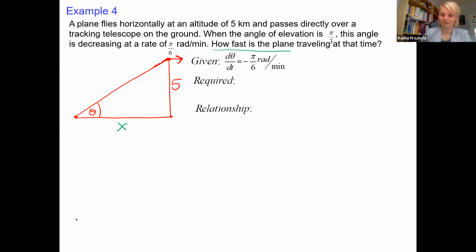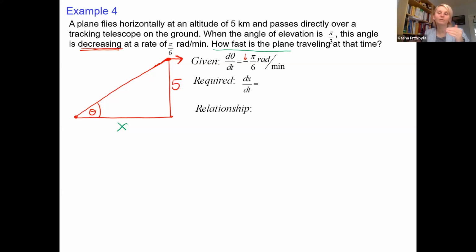Sometimes we may have the word decreasing, and we have to remember that it's negative. Okay, decreasing.